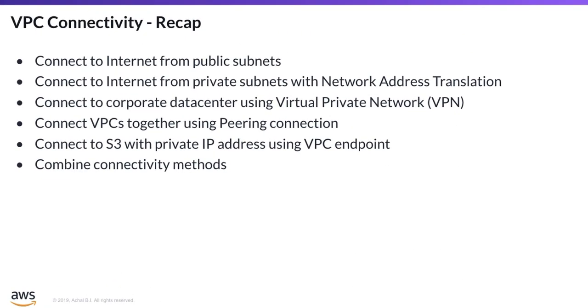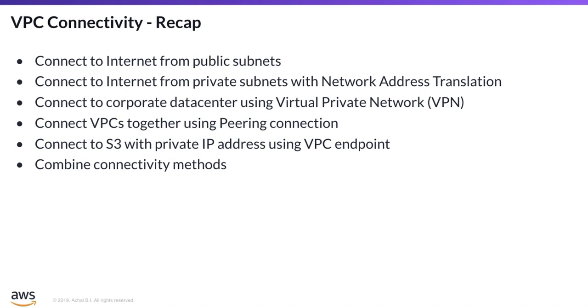So basically, to summarize the whole thing, a VPC can connect to the internet from public subnets, and from a private subnet with the help of NAT gateways or NAT instances. You could connect to a corporate data center using VPN, and you could connect VPCs to VPCs using peering connections.